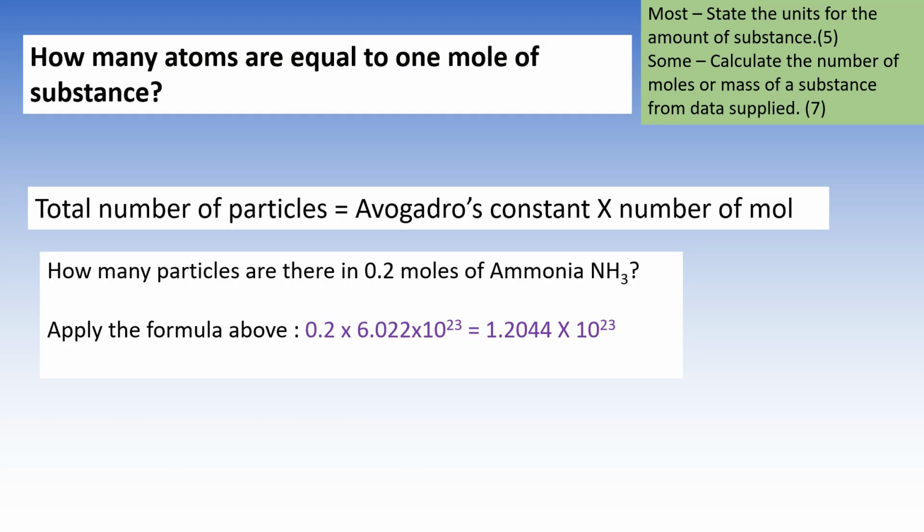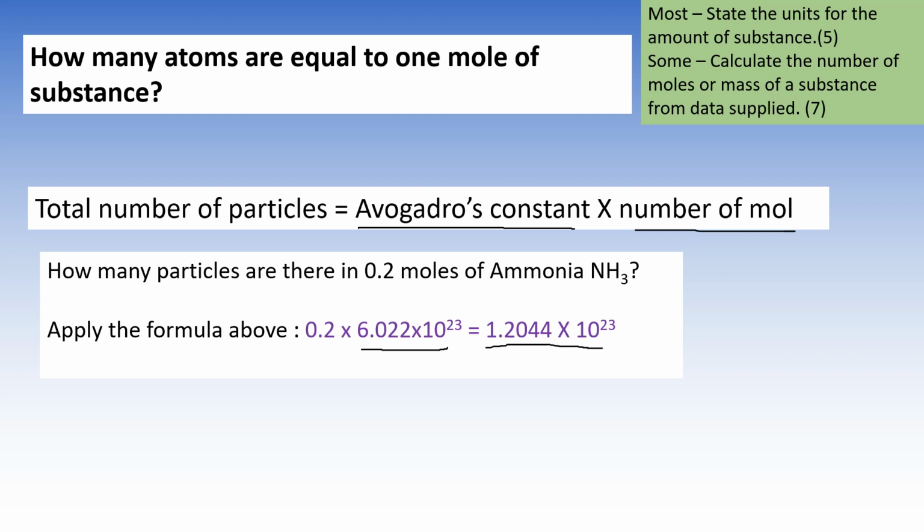So how many atoms are equal to 1 mole of substance? Again, if I know the moles, all I have to do is times the Avogadro's constant with that number of moles. In this case I have 0.2 moles of ammonia. We know that in 1 mole of ammonia I have this many particles. In 0.2 moles of ammonia I must have that many particles.